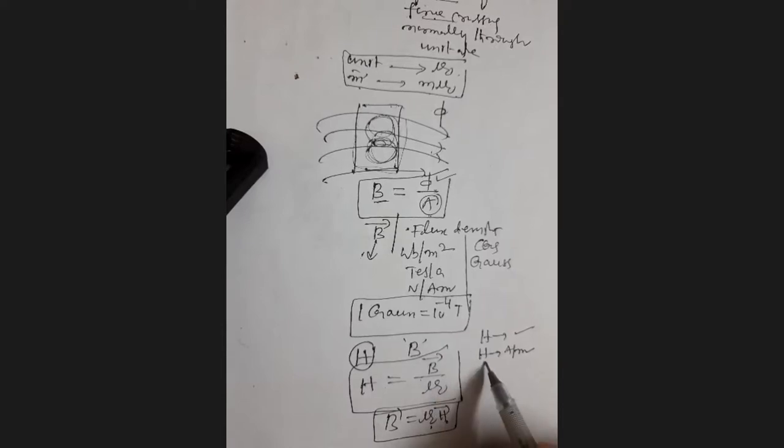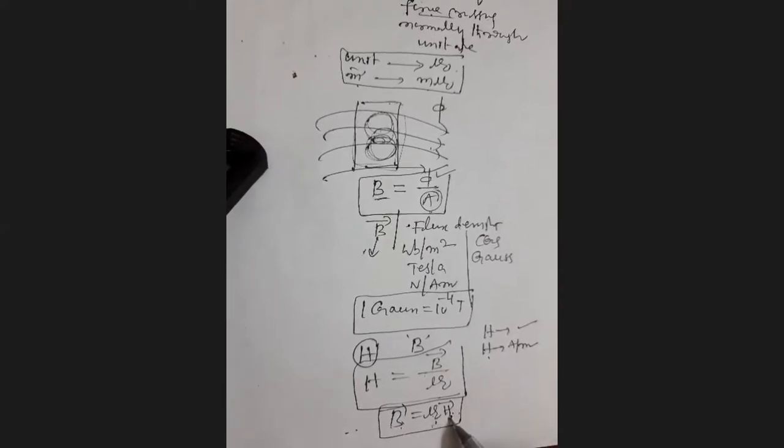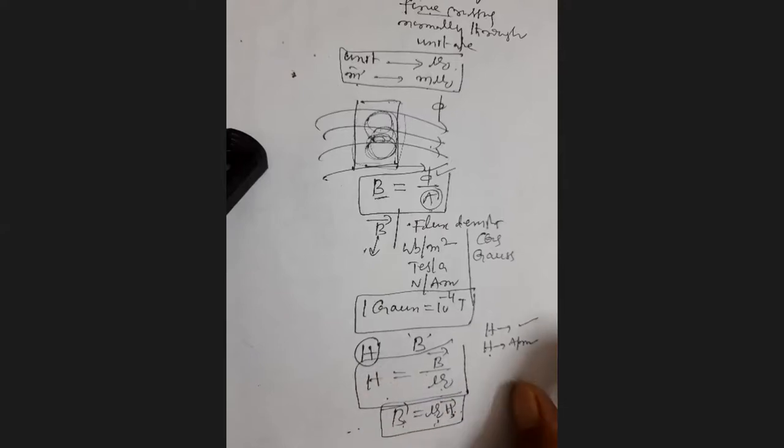Here H is a vector, and H bar direction and B bar direction are the same. In free space or vacuum, B bar equals mu naught into H. In another medium, we write B bar equals mu into H bar. So H bar is defined as the ratio of B bar to mu naught. Okay, so this is the relation between B bar and H bar.